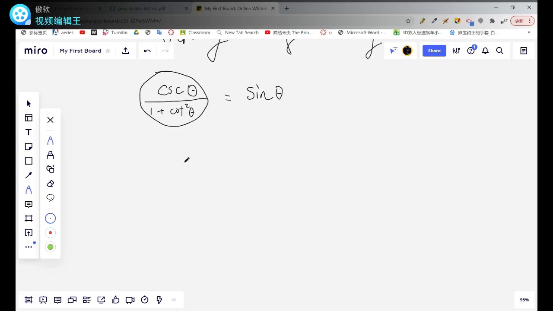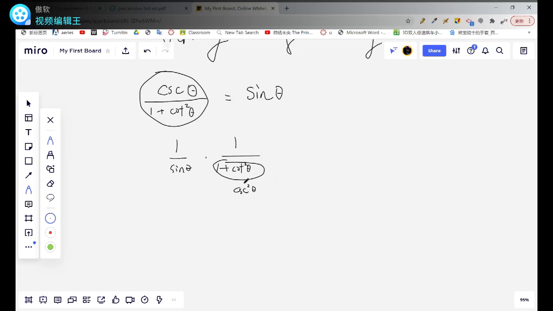So cosecant is equal to 1 over sine, times 1 over 1 plus cotangent squared theta. And then we know that 1 plus cotangent squared theta is basically just equal to cosecant squared theta.